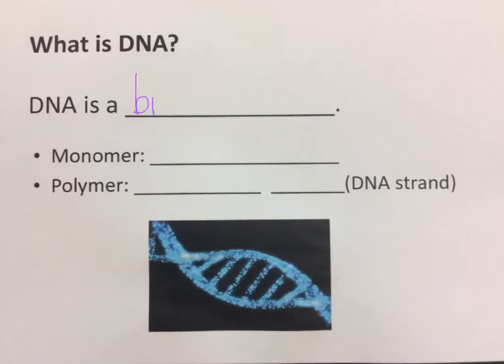DNA is a biomolecule. So it's a molecule that's essential for living things. And because it's a biomolecule, it's going to have a monomer and a polymer, just like our carbohydrates, lipids, and proteins. So the monomer is called a nucleotide.